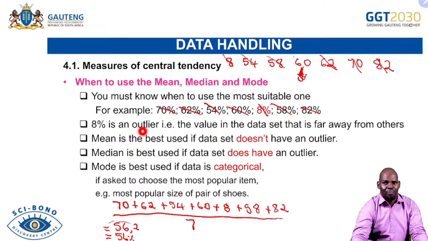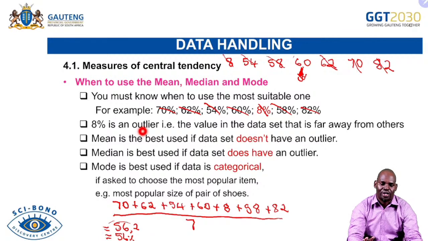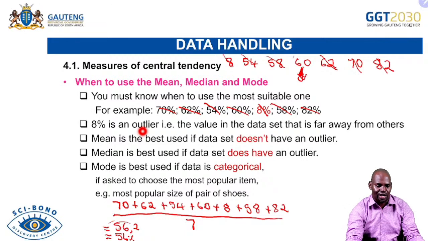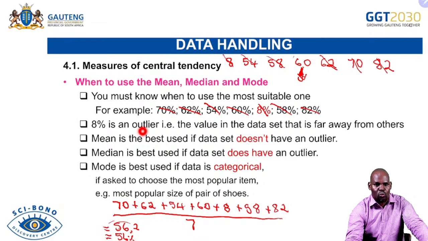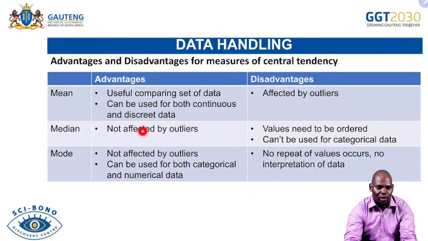Now we are just summarizing, then we look at the advantages and disadvantages of measure of central tendency. It's very important that you know these, boys and girls. Okay, because the examiner might ask you maybe an advantage and disadvantage. The same way the examiner might ask you which measure of central tendency will be the best. Okay, now when we look at the mean, what is the advantage?